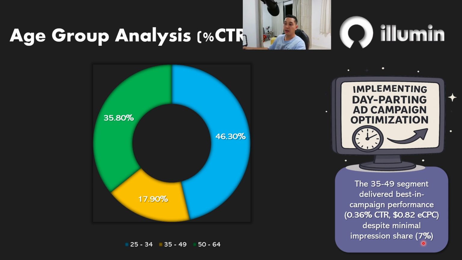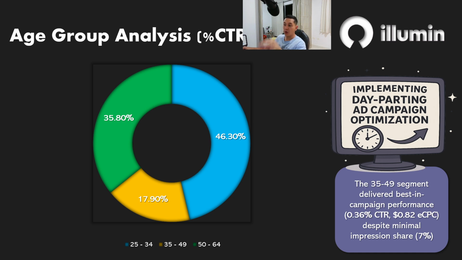What's noteworthy here is that this high-performing segment received only 7% of the impressions and ad spend, our smallest allocation. Even a moderate reallocation would yield substantial efficiency gains here. It would definitely change the story for this specific age group demographic.